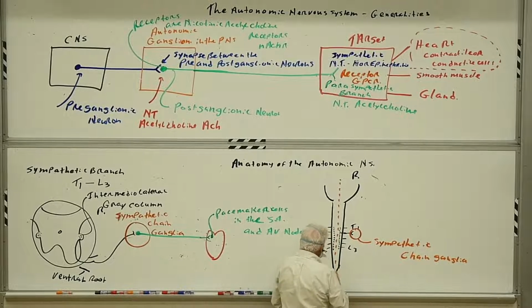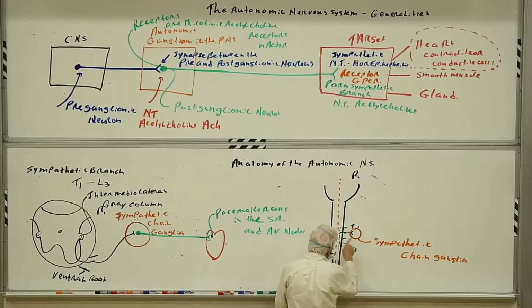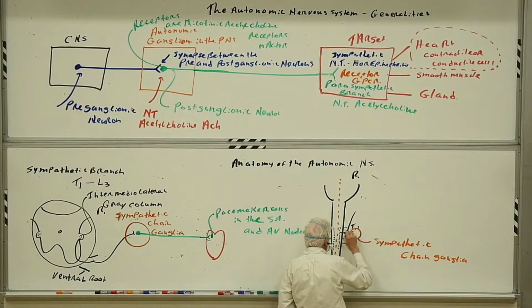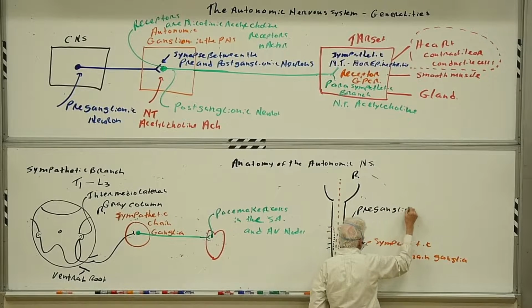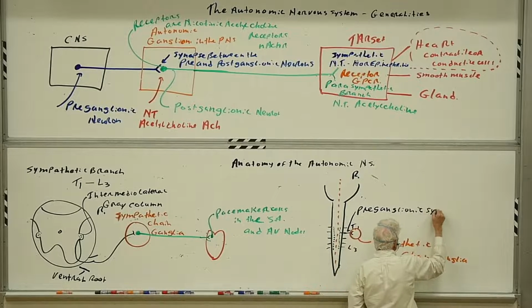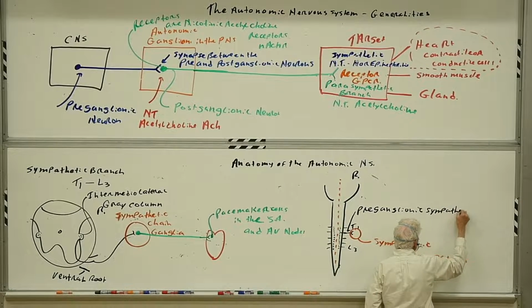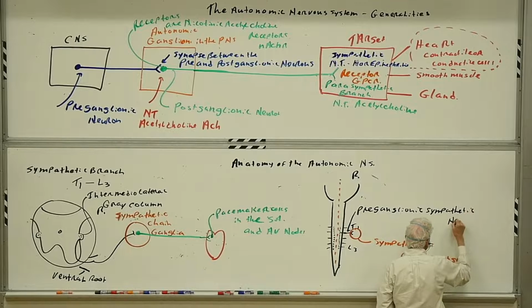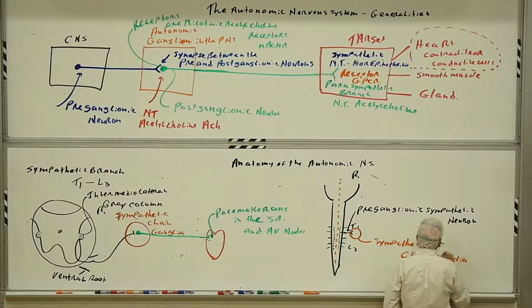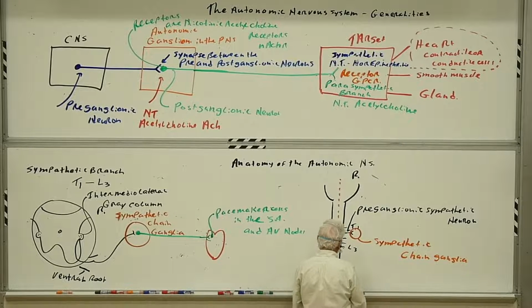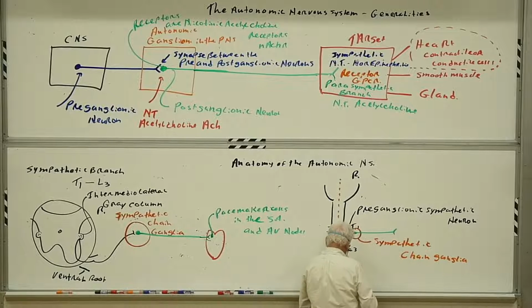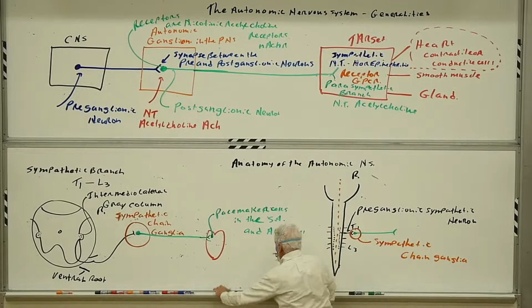From what we know in the upper panel, this is the preganglionic sympathetic neuron, which is going to synapse onto the postganglionic neuron. And this, of course, is going to send its process out to the heart, just as we showed here.